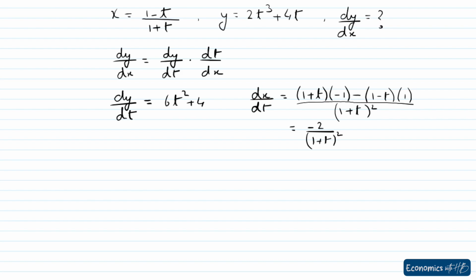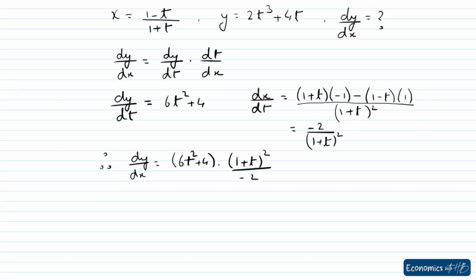So we get dy by dx is equal to dy by dt, which is 6t square plus 4, into 1 plus t whole square by minus 2. Why? Because dx by dt we got as minus 2 over 1 plus t whole square, so we just took the reciprocal of it. We get 1 plus t whole square by minus 2.